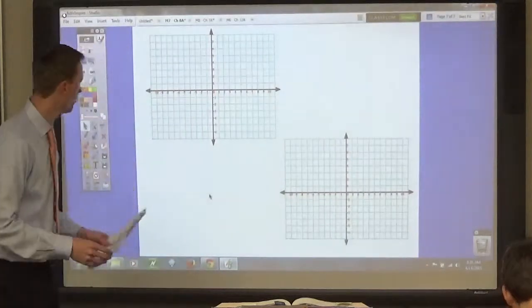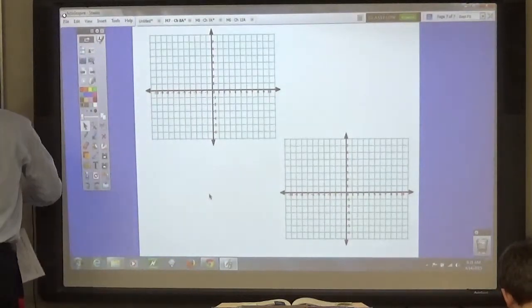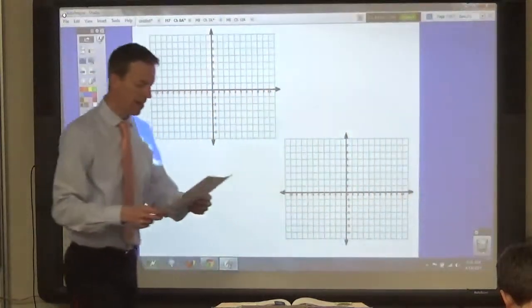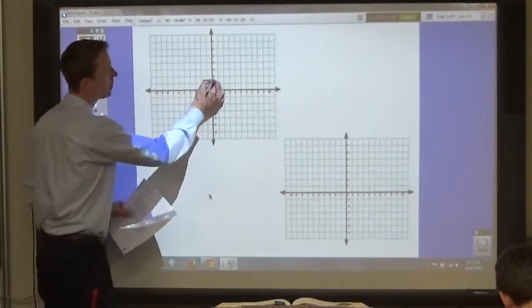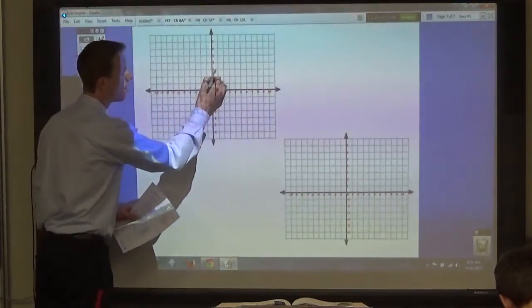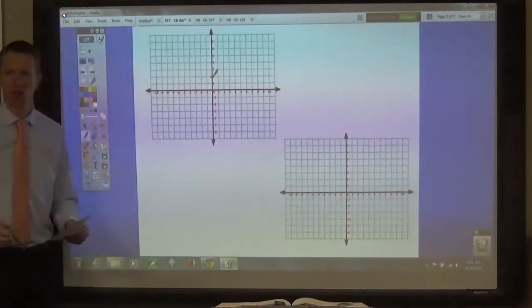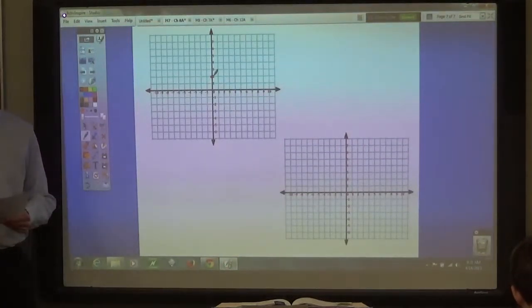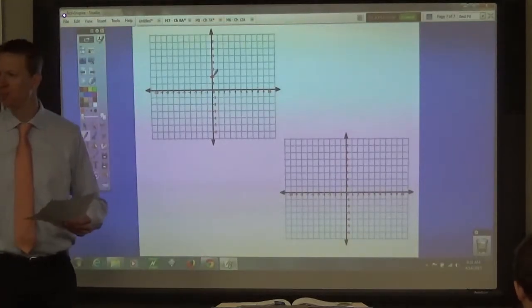Number one, we worked on this together. The first point on the line in number 1 is marked right here. What are the coordinates of that point, number 1? Keyshawn?